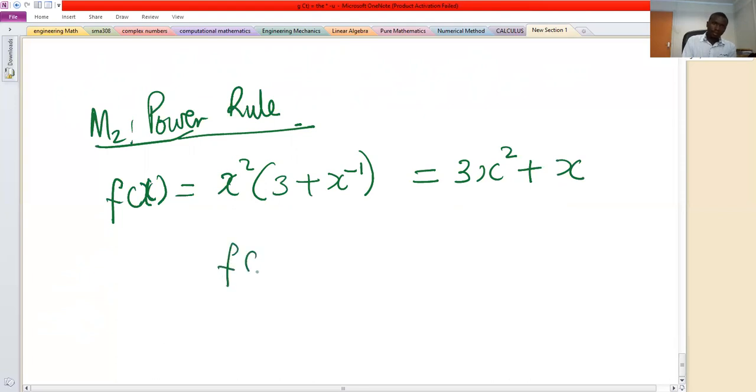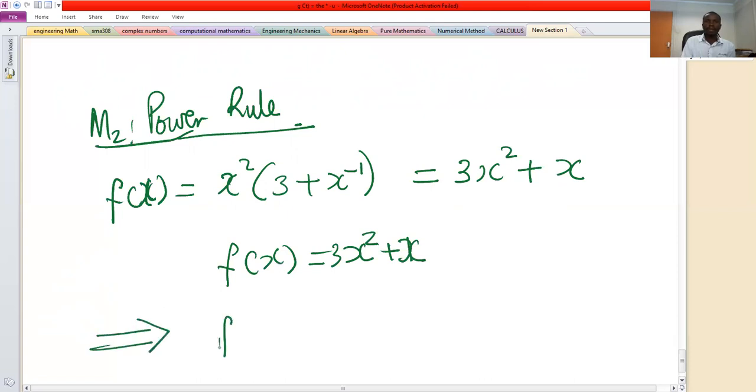So f of x is 3x squared plus x. Which means by power rule, f prime of x, drop the power, so I have 6x, and then the derivative of x is 1. So which is the same, 6x plus 1.